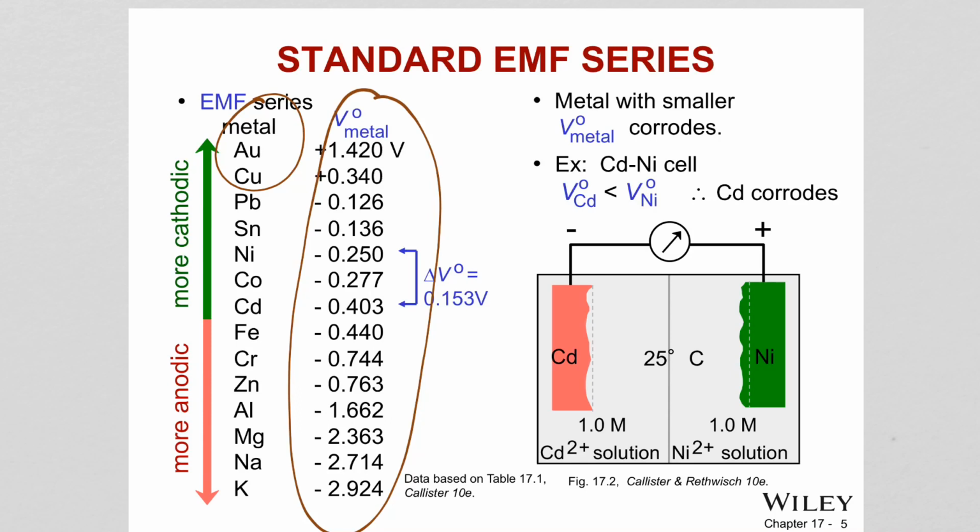As we go up in this table, the materials are increasingly becoming inert, more cathodic. As we move down, they tend to be more like anodes and dissolve. So sodium and potassium have the highest reactivities, act like anodes, dissolve into the solution, and corrode.